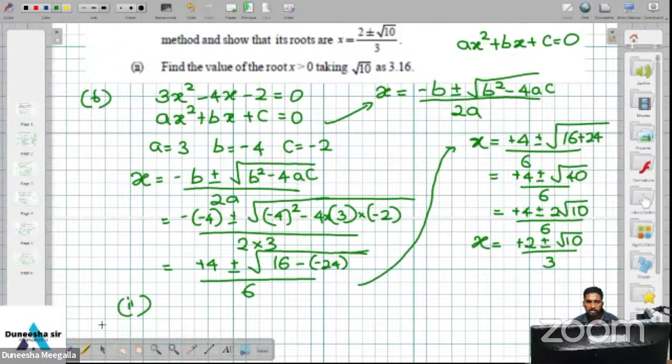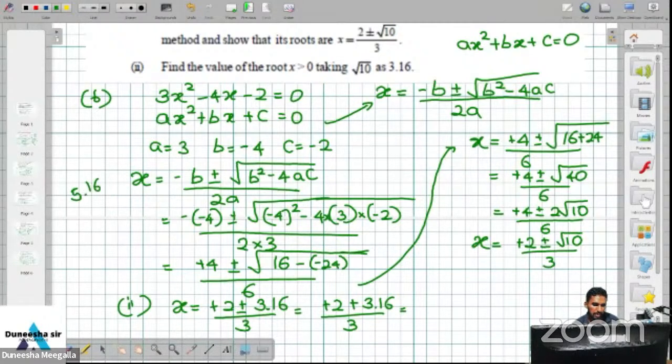Take the square root of 10 as 3.16. Taking the positive root, plus 2 plus 3.16 divided by 3. 5.16 divided by 3, x is equal to 1.72.